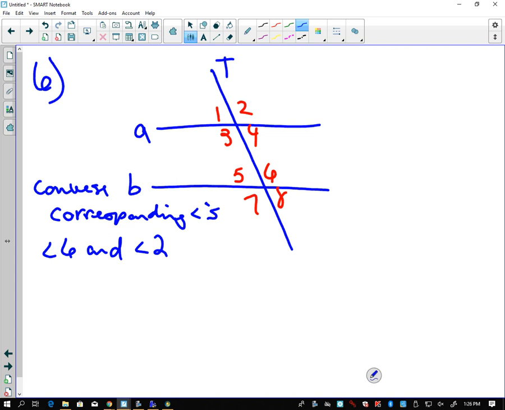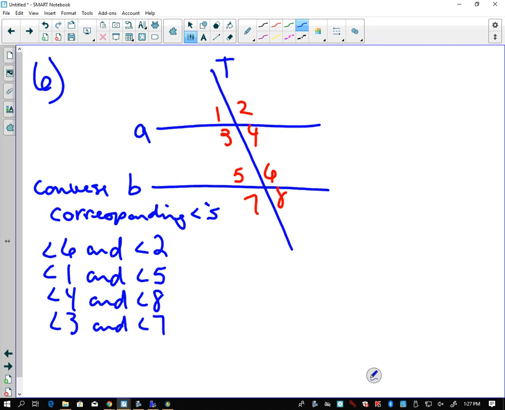Are there any other corresponding angles in here? 1 and 5? 4 and 8? Good. And 3 and 7? Good. Is that it? Nope. 1 and 8. Good.